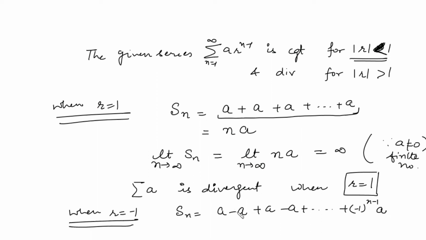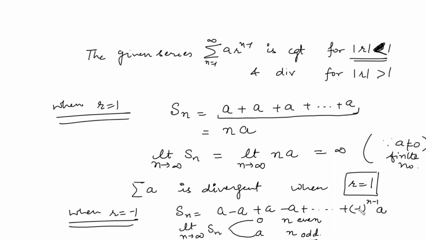Now again, when you take n tending to infinity, Sn is not a finite value. Either it approaches 0 or it approaches a, depending on whether your n is even or odd. Now just see, when your n is odd, let's suppose 1, so 1 minus 1 is 0, you are left with only the first term which is a.